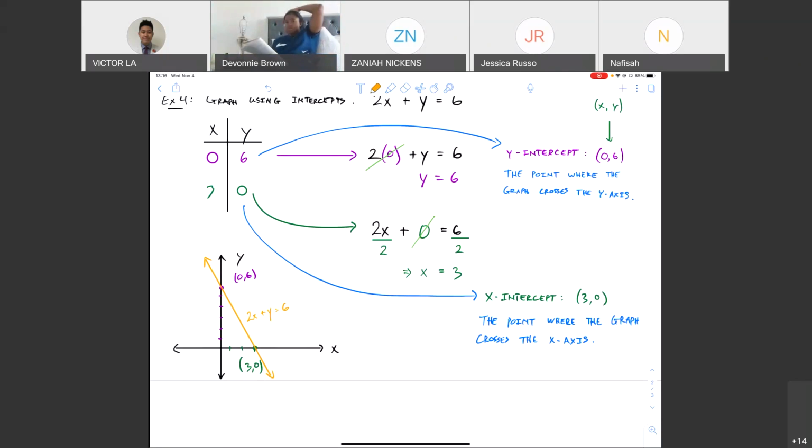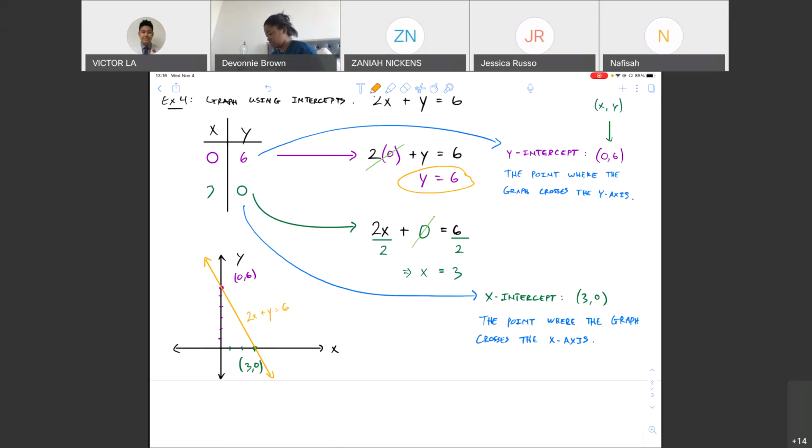And sure, there are little nuances here in terms of definitions, and you may accidentally mislabel or misinterpret by mistake like I did at one point, but as long as you do the math correctly, 0 for an x, 0 for a y, calculate your variables correctly, you'll get the intercepts right every time, which are right here and right here, and then you'll graph it correctly every time as well.